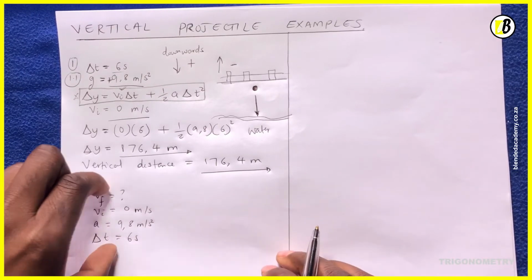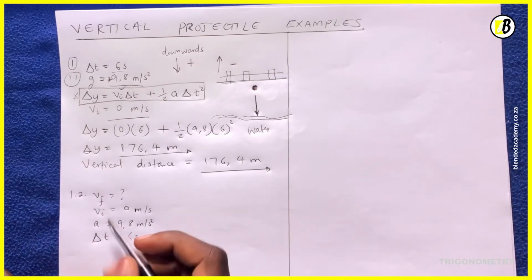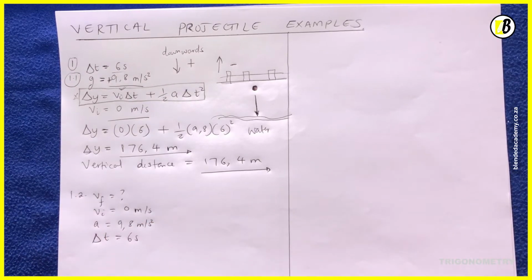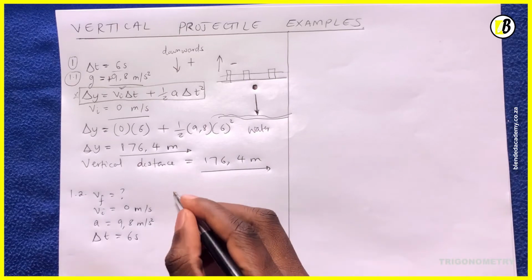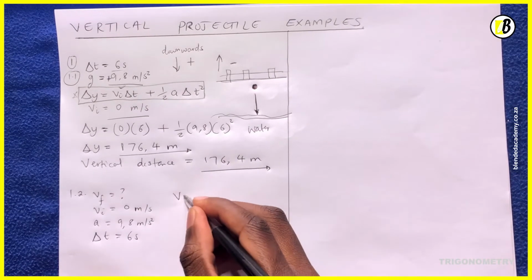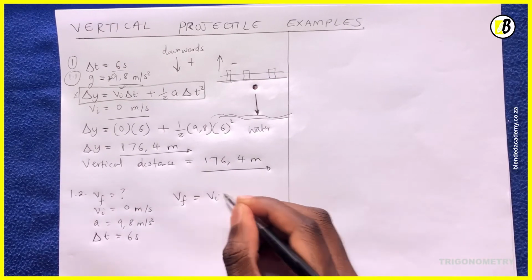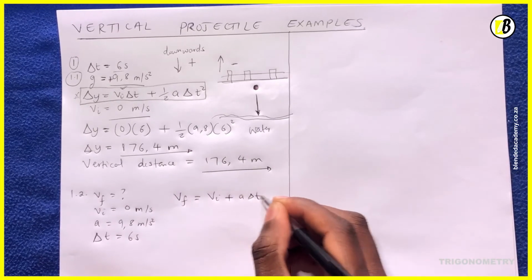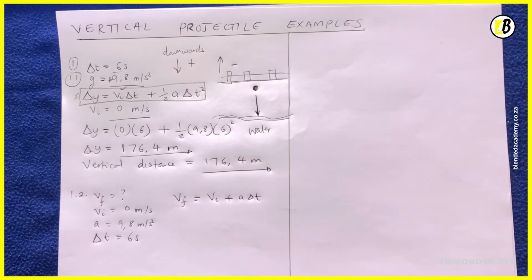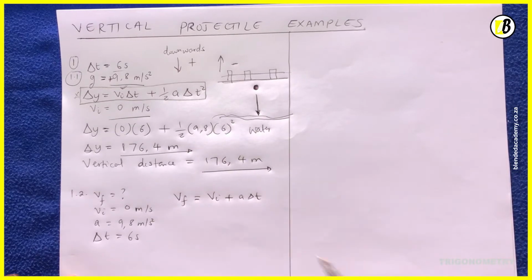We need to find the final velocity. So you need to go back to look at your formula sheets. Check which formula is the most suitable for this question. The suitable one is VF equals VI plus A change in time. This is the most suitable formula to solve this second part of the question.